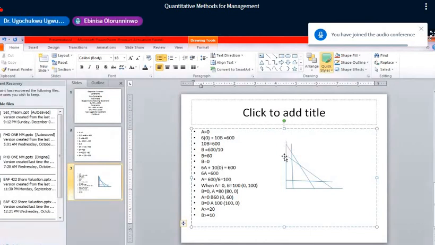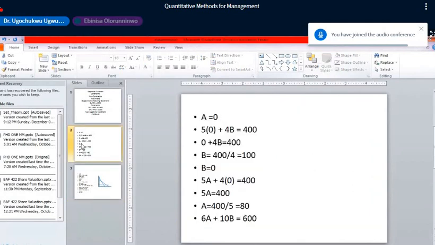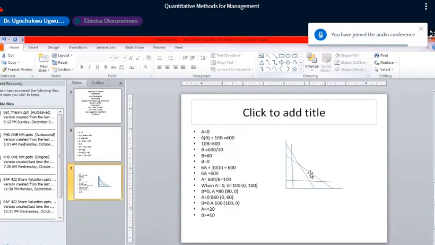But this other equation is 5A plus 4B is equal to 400. This is the line that represents that equation. So you see that each of these lines represents an equation. Now what we're going to be doing is to solve for each of these points and know from each of these points which one will have the maximum value.